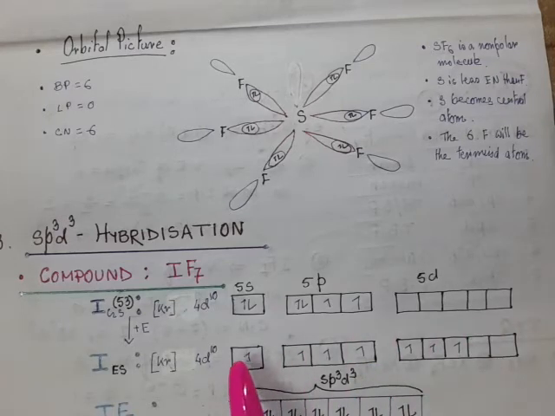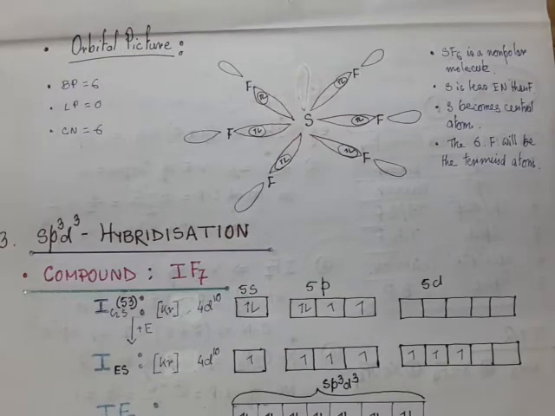Now considering all the orbitals, 5s, 5p and 5d, they are combined to produce sp3d3 hybrid orbitals. So IF7 has iodine with sp3d3 hybridization, total number of orbitals 7, and all are newly produced sp3d3 orbitals.